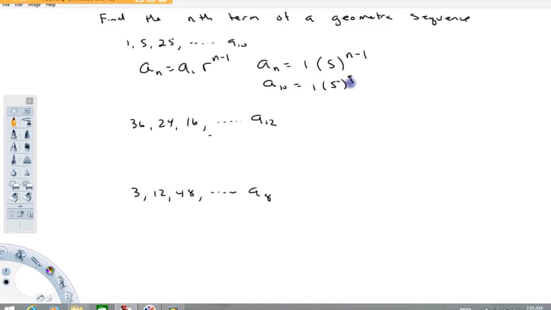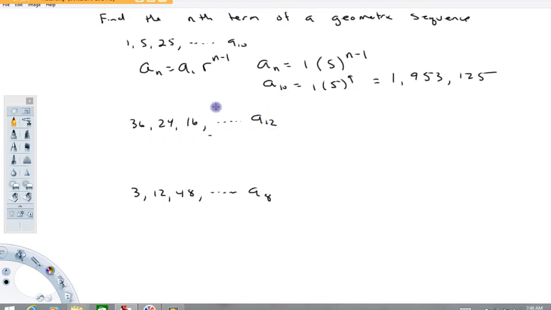I'm going to calculate a value here, and we get a pretty big number. I end up with 1,953,125. All right, that's a happy looking number.